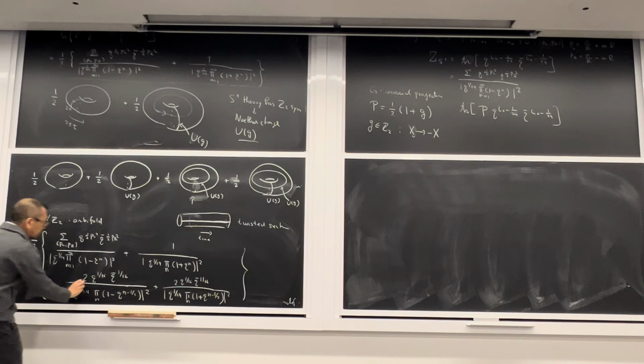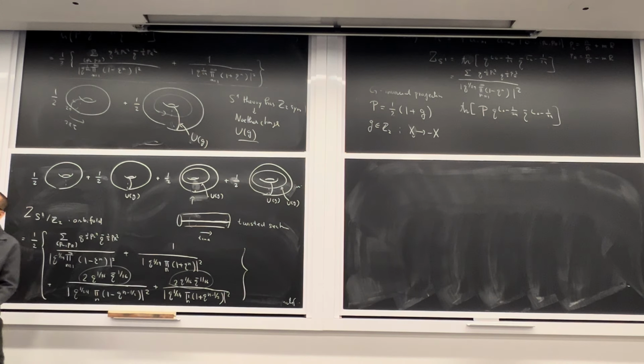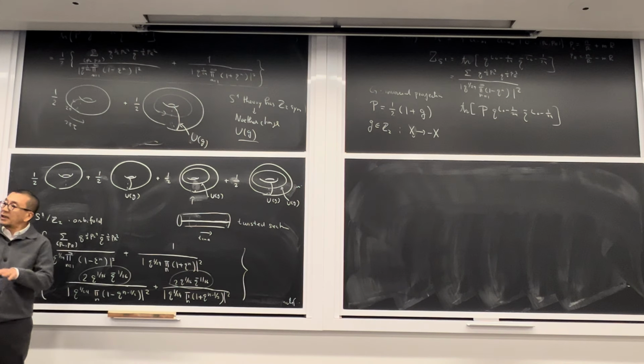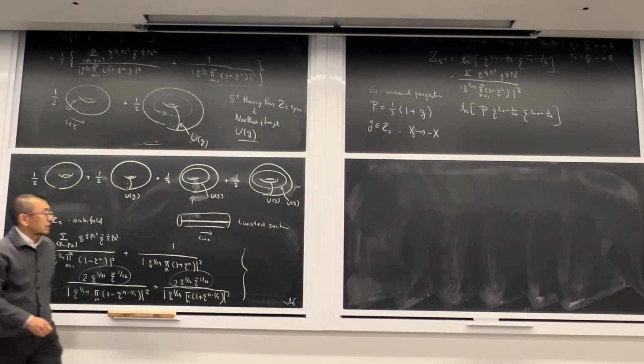But modular invariance also tells us the ground state energy of the twisted sector, and also the degeneracy. So you have factor 2 here, so that there's 1/2 here, but there are 2 of them. So that means that at the lowest energy, there are 2 states in the twisted sector. And moreover, the ground state conformal dimension is 1/16.